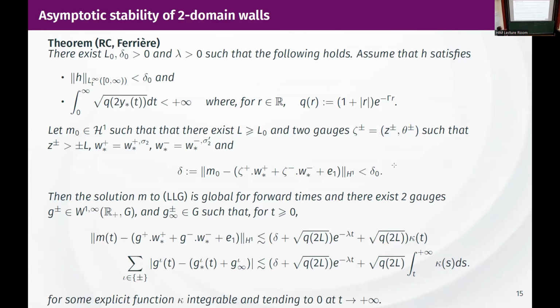So I recall that the dynamics here are driven by the magnetic field. So it's not surprising that you require some assumption on the magnetic field. So you still need to assume that delta is small, because this is where you can perform the stability analysis for one domain wall.